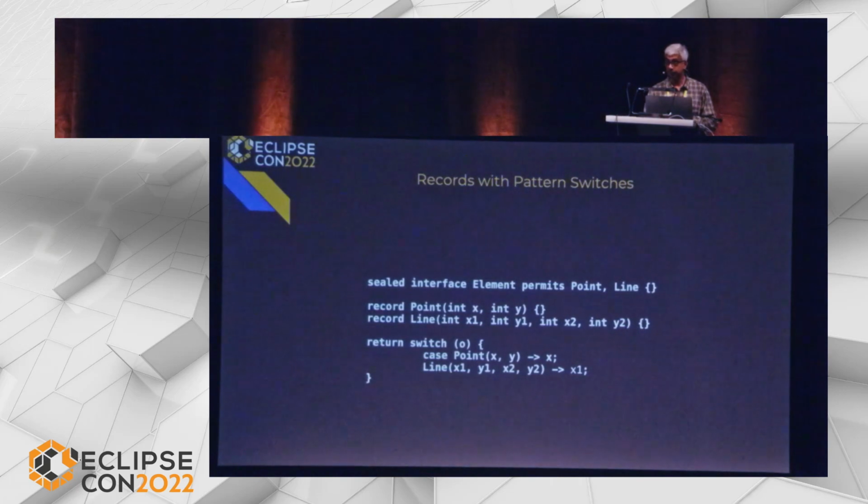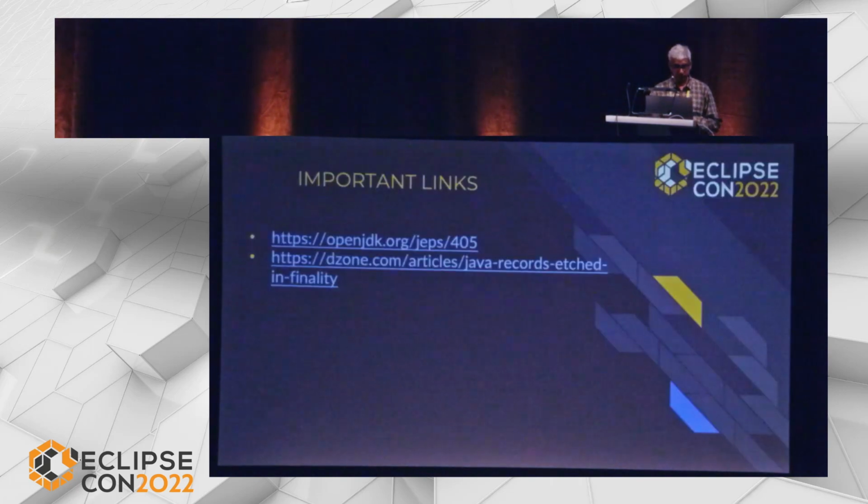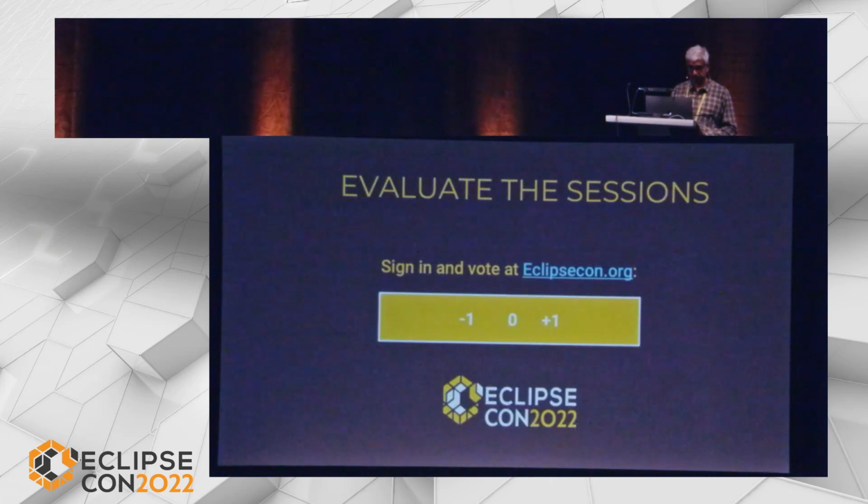This is all about sealed interfaces if you've used them. Just want to finish off by saying that JEP 405 is the reference for this talk, and there's a similar DZone article published on records a couple of days back, I think.